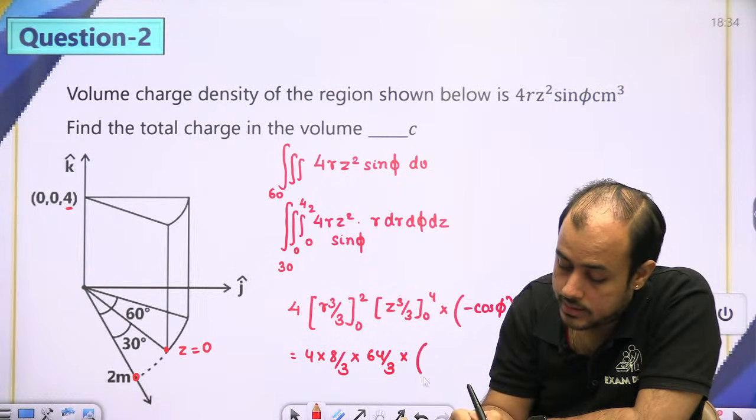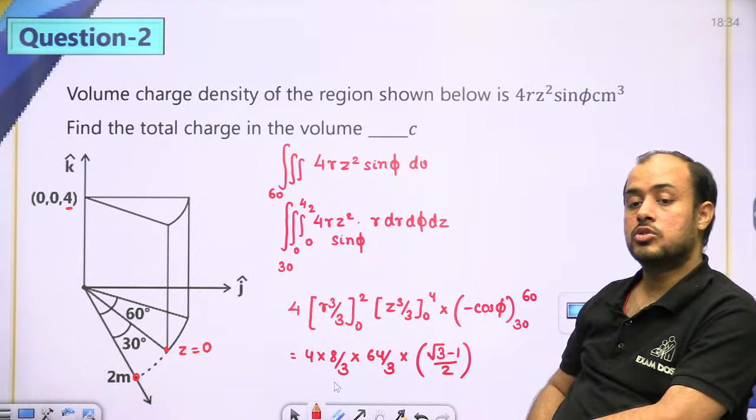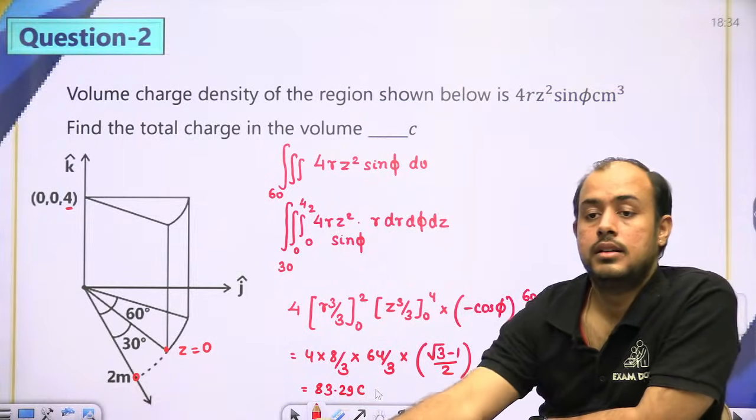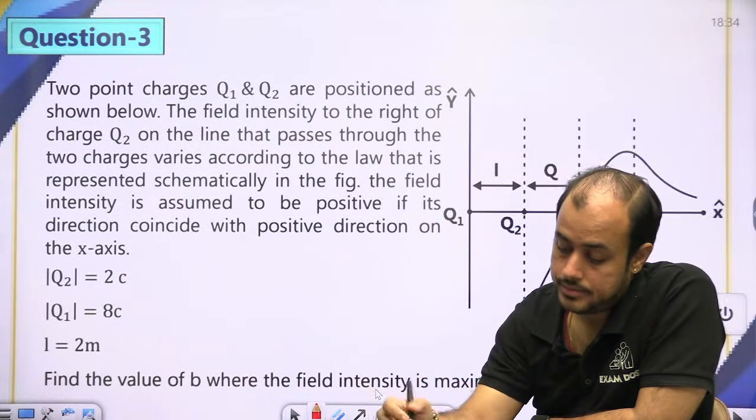Cos 30 minus cos 60. अब इसको सॉल्व कर लेना, 83.29 आ रहा है, क्लियर हुआ भाई? चलो नेक्स्ट.